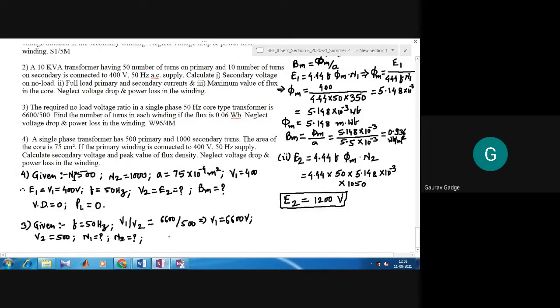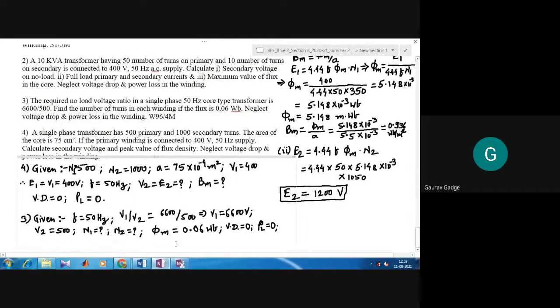If the flux is 0.06 Weber, so it means flux phi M is 0.06 Weber. Neglect voltage drop and power loss, so again voltage drop 0, power loss 0.